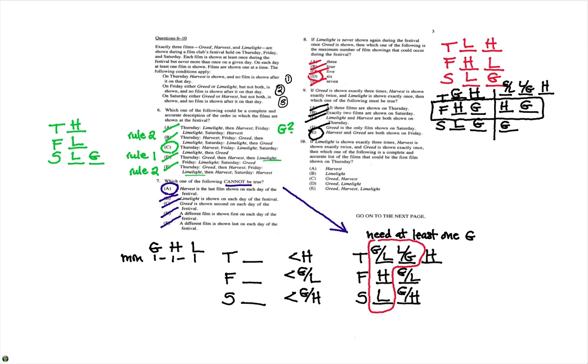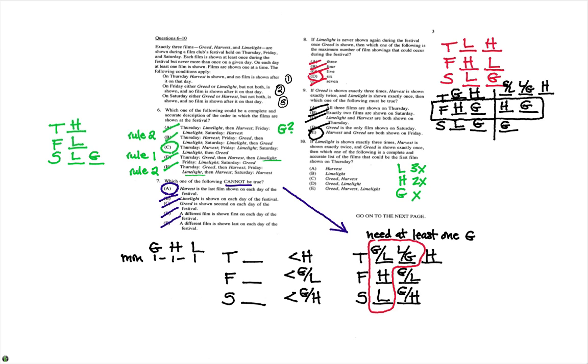Alright, so we know, based on the question stem, that limelight is showing up 3 times. We know that harvest is showing up twice, and that greed is showing up exactly once.